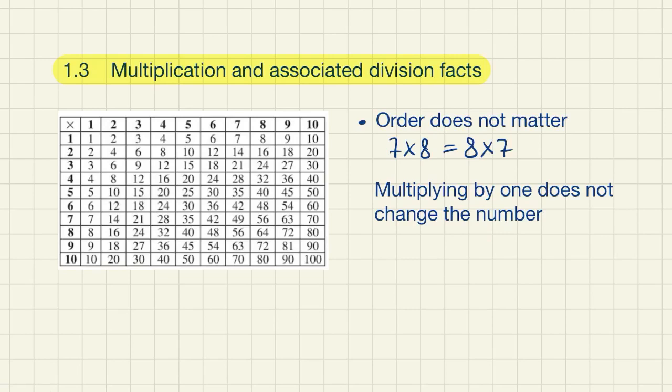That means that if we do 4 times 1, it's still 4. So the number is not changing. And what else? If we multiply by 2, it's the same as doubling.